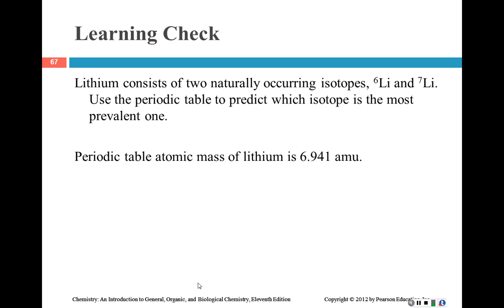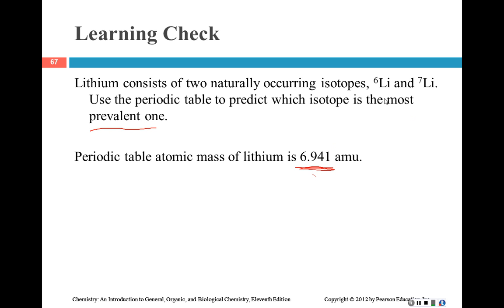All right, so here, first of all, let's see if we can eyeball this. Lithium has 2 naturally occurring isotopes, lithium-6 and lithium-7. When you look at the periodic table, the mass you see is 6.941 AMUs. What they're asking you to do is to predict which one is the most prevalent. Which do you have more of? How would you do that?